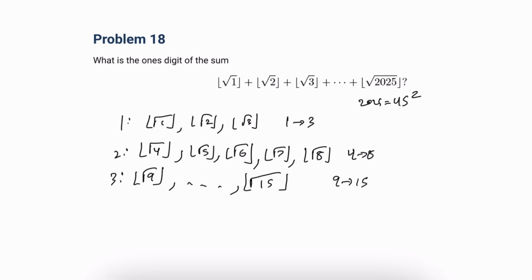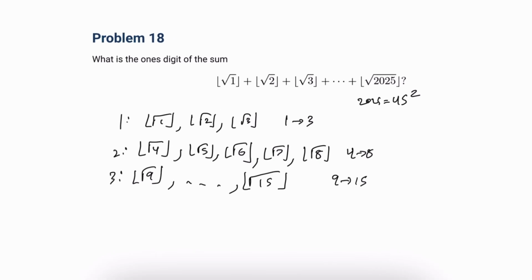And so we can note that the number of times 1 appears is the number of numbers from 1 to 3, which is 4 minus 1. The number of times 2 appears is 9 minus 4, the total number of numbers from 4 to 8. And the number of times 3 appears is the total number of numbers from 9 to 15, or 16 minus 9.